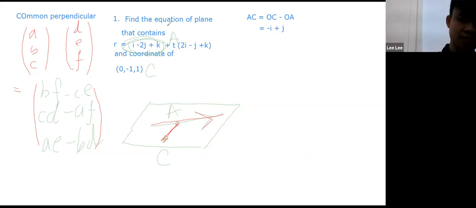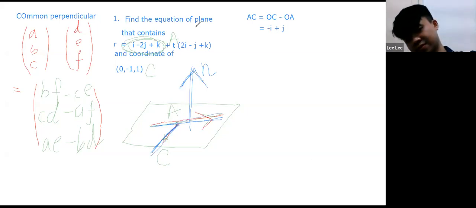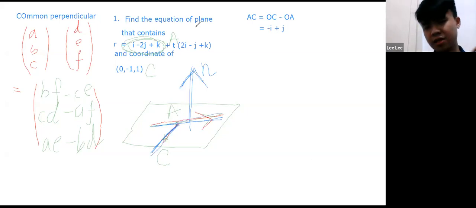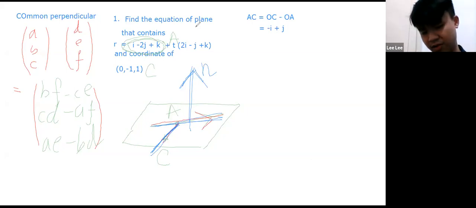The normal that you need has to be perpendicular to the line, and also has to be perpendicular to AC. Anyone want to ask questions until here?